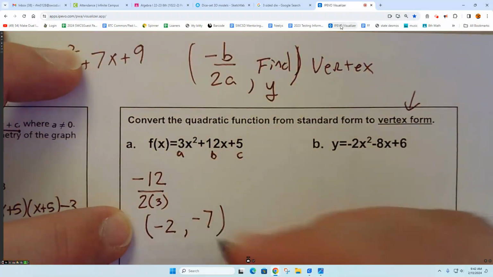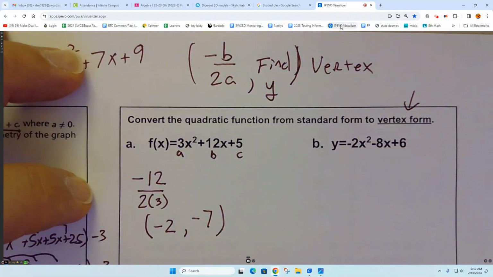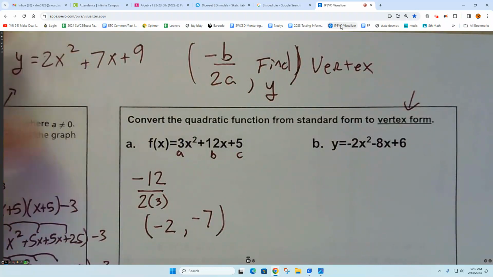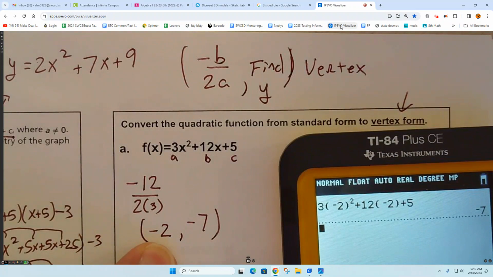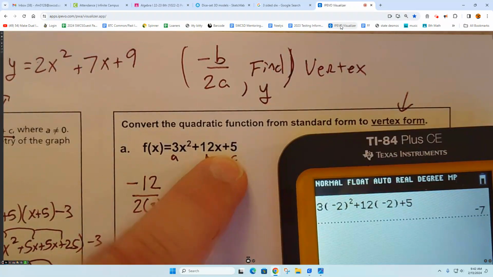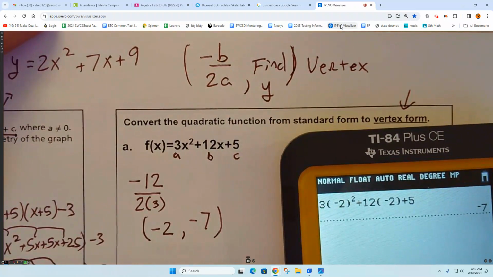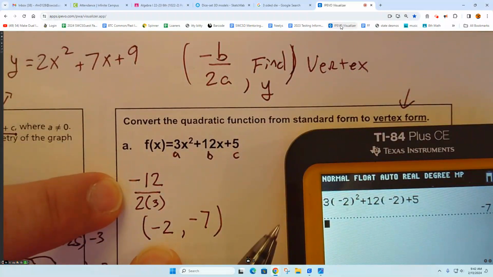So that's the second part of my vertex. I plugged -2 into this equation, and I got -2 from that -b over 2a.